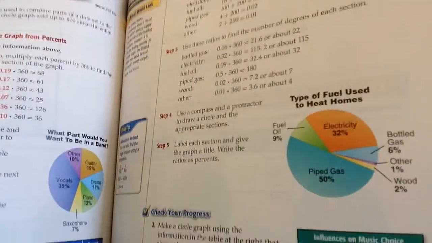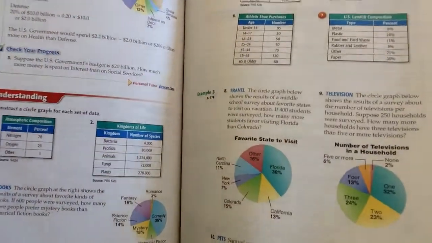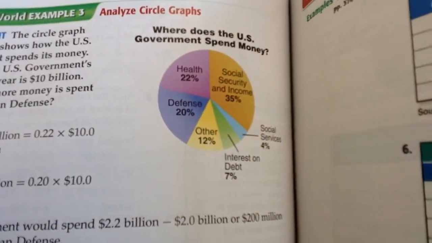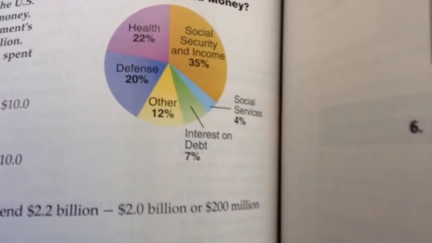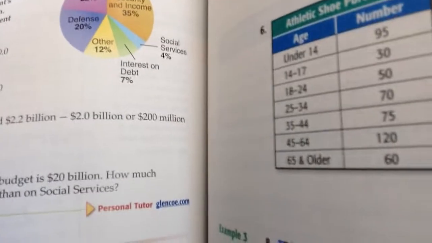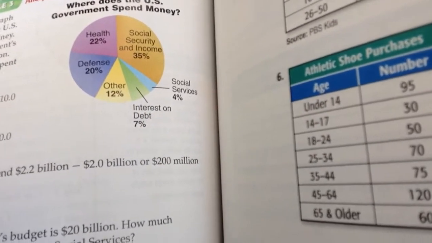All right, one last example I want to show you, and then I'll do some work with you on a slide. This is talking about the U.S. budget, where the U.S. government spends money, and you can see the different percentages they use.